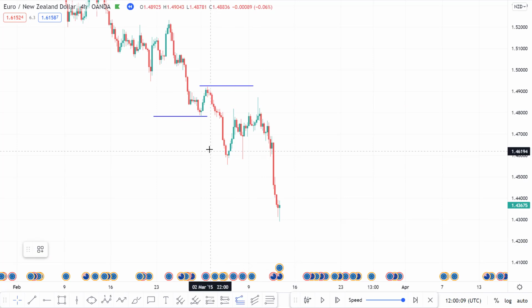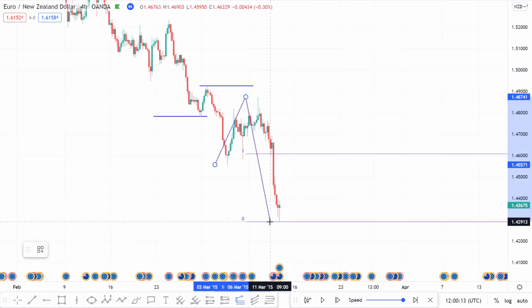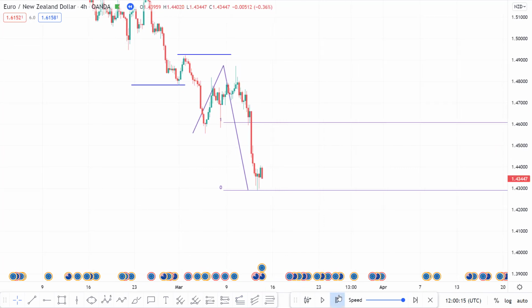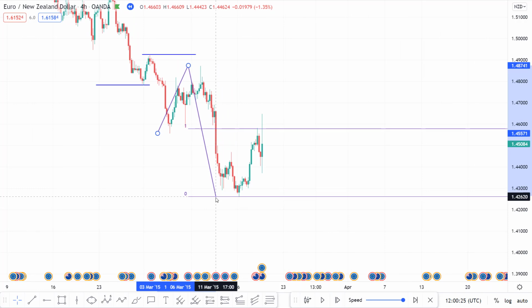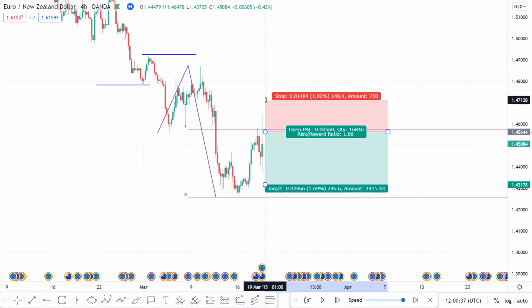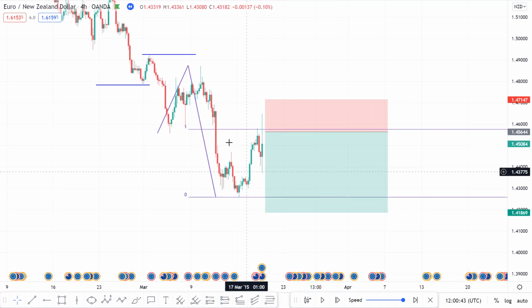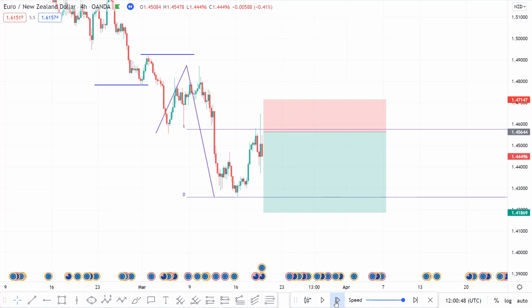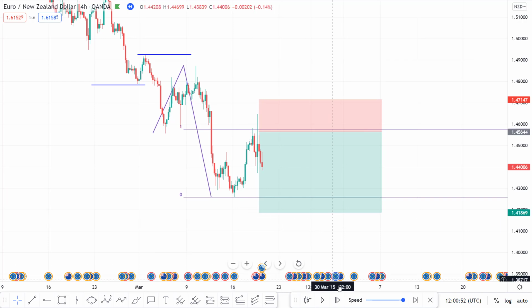I'm going to take this most recent reaction leg measurement now and just follow this again, following the trend. So again, I could set an order here using this reaction leg measurement with a stop just above this structural level here. Did that get, no, that didn't quite get triggered.